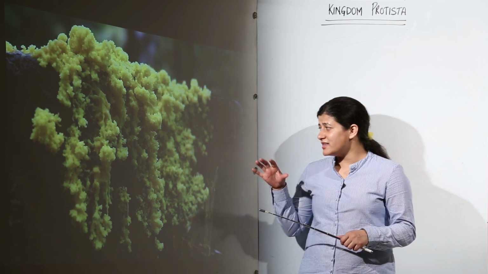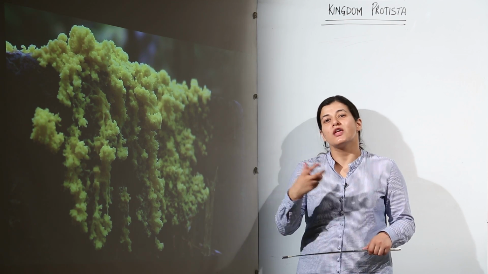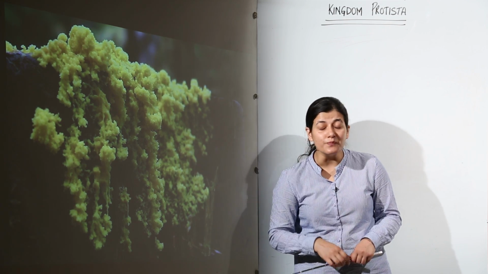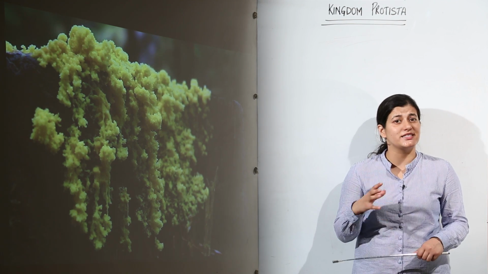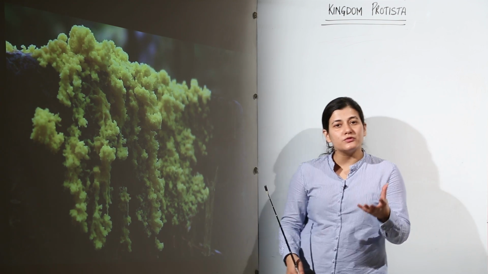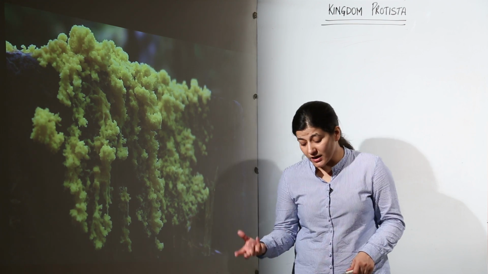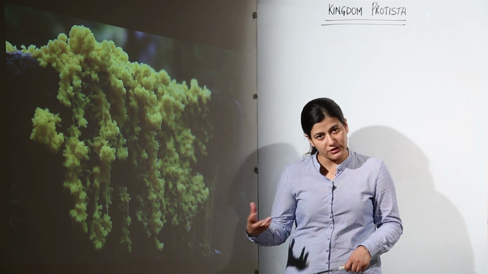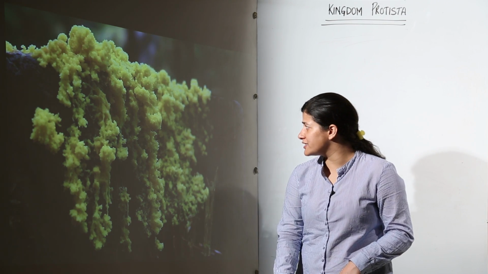And here we are transitioning from the plant-like protists to fungal protists. And as I told you, there are fungal-like protists which are known as slime mold. So, this is nothing else but a slime mold that develops over rotten things, dead and decaying things, and it is like fungi. Earlier it was classified under fungi only, but later on it was kept under Protista.